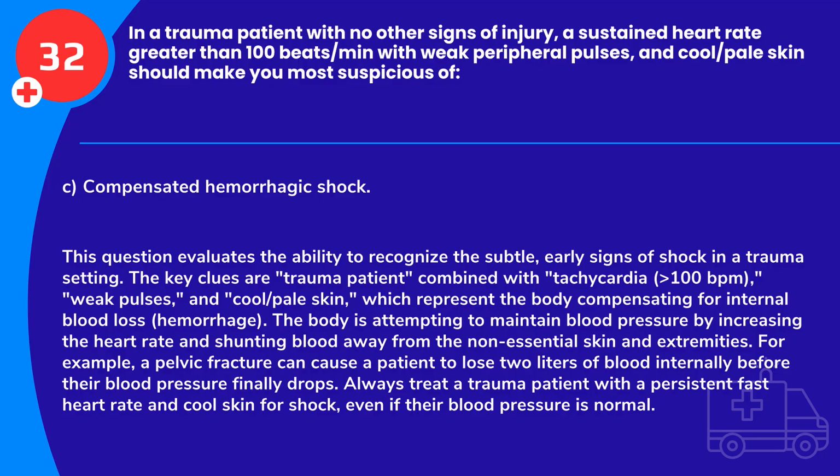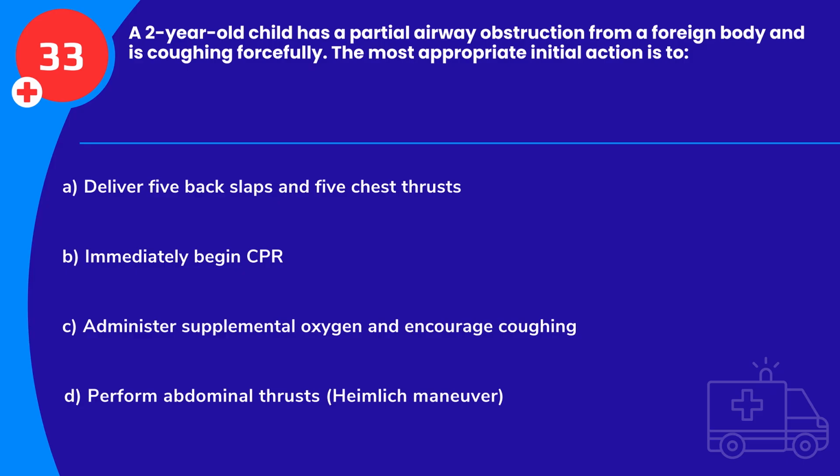The body is attempting to maintain blood pressure by increasing the heart rate and shunting blood away from the non-essential skin and extremities. For example, a pelvic fracture can cause a patient to lose 2 liters of blood internally before their blood pressure finally drops. Always treat a trauma patient with a persistent fast heart rate and cool skin for shock, even if their blood pressure is normal.